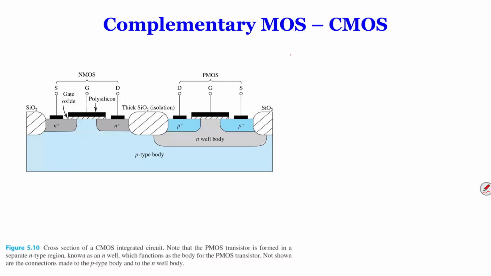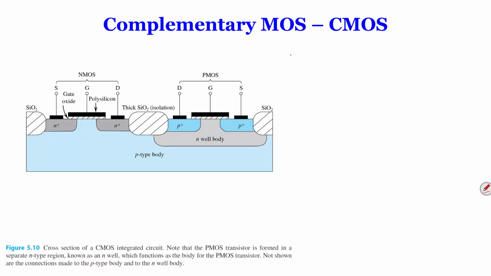And in the latest technology, we actually build NMOS and PMOS on the same body. So when you build this, they are called complementary MOSFETs. So there's an NMOS, there's a PMOS. The way that they build this is first they form a p-type body. In the p-type body, we dig two wells and dope them to N+ material.